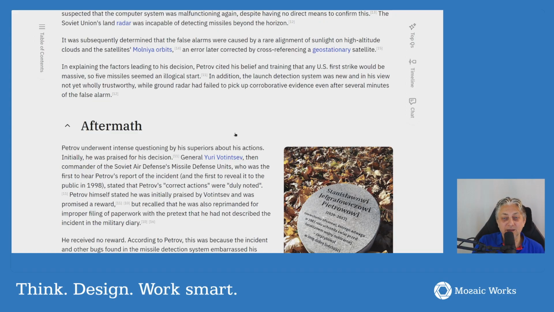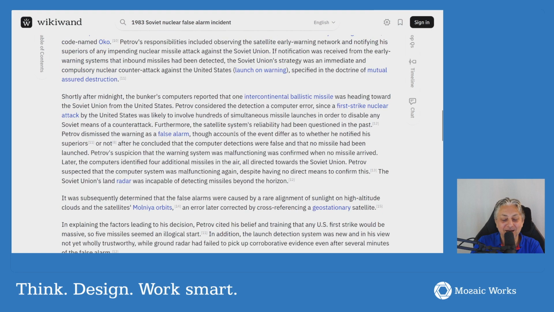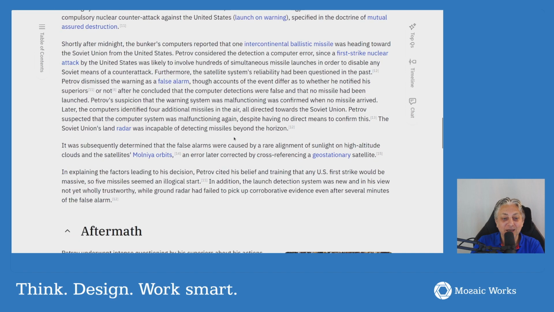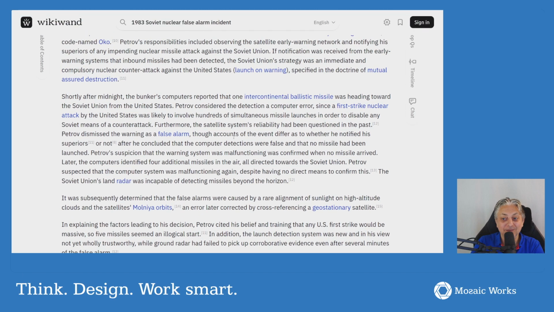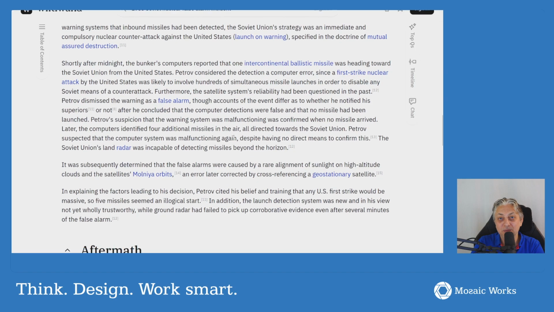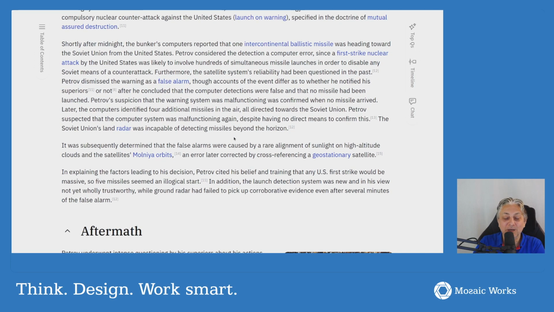So basically, the clouds were reflecting light, and this triggered a false alarm of a nuclear launch. And we were maybe 90 seconds from complete destruction.